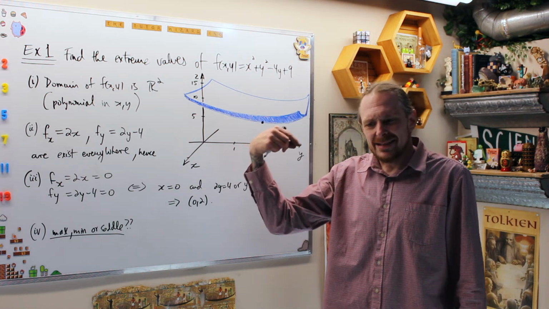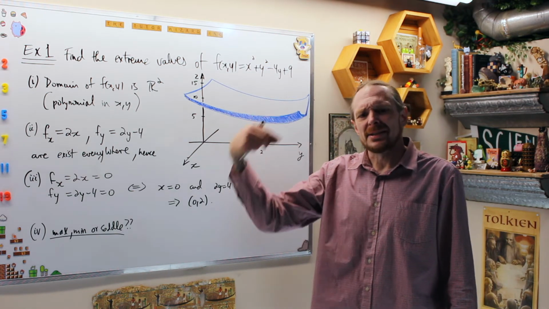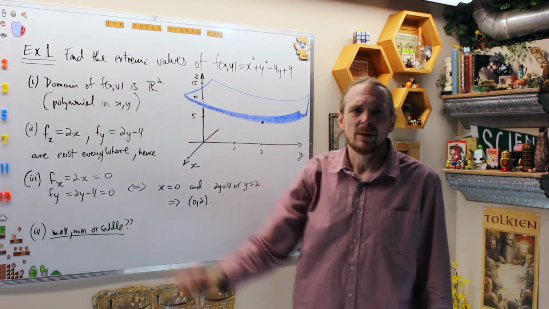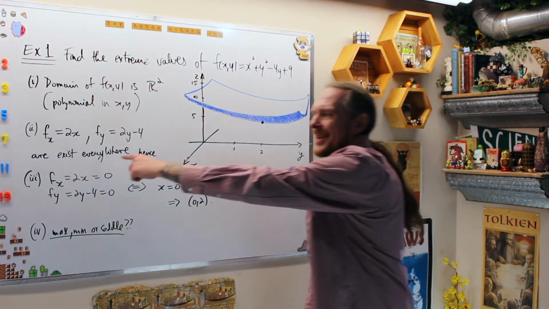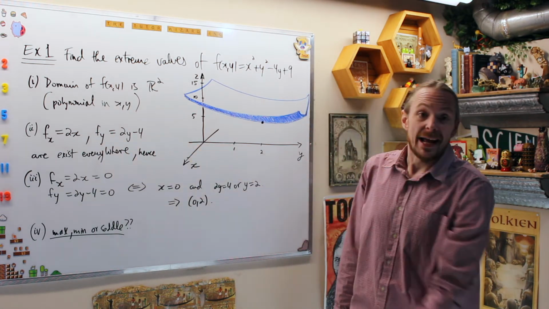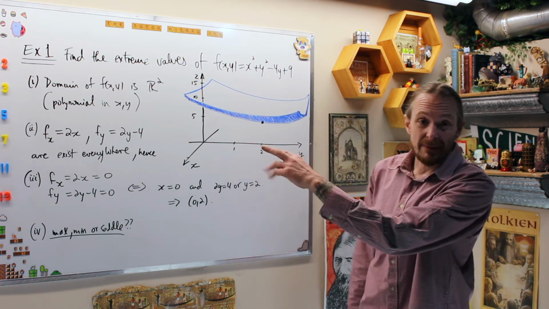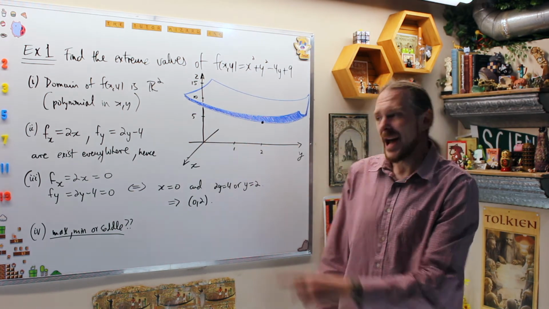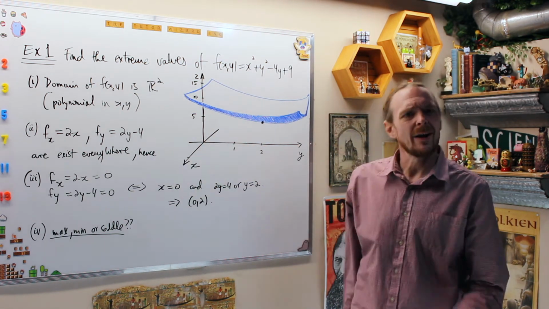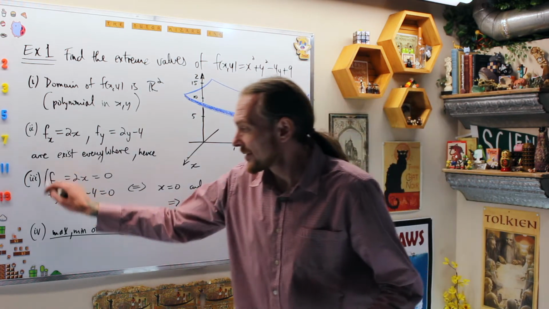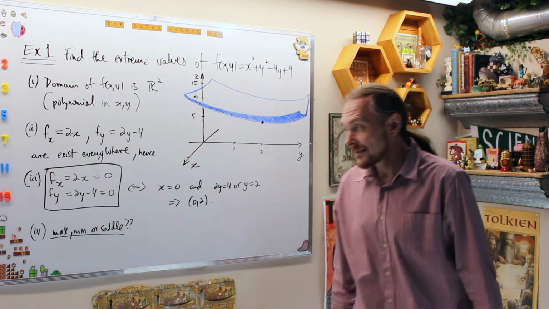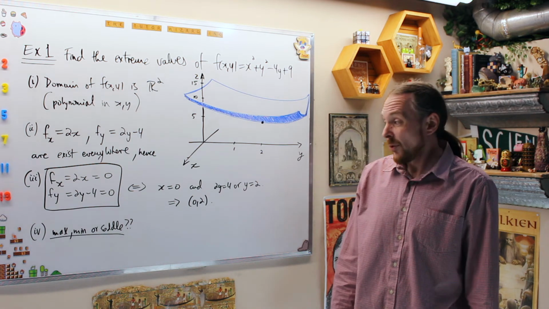Remember, Fermat says I want a critical number if these two don't exist, or if they're 0. This step says I don't have to check any critical numbers where the partial derivatives don't exist, because they always exist. Now all I have to do is focus on step 3: where are they 0? The derivatives are 0 if and only if 2x is 0 and 2y minus 4 is 0.